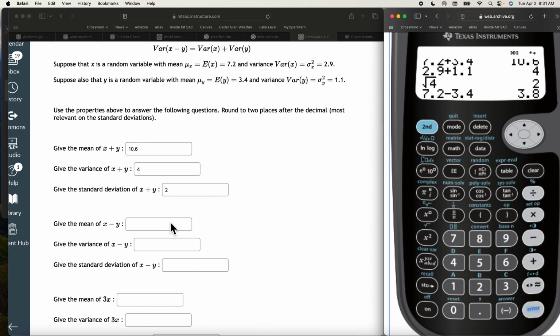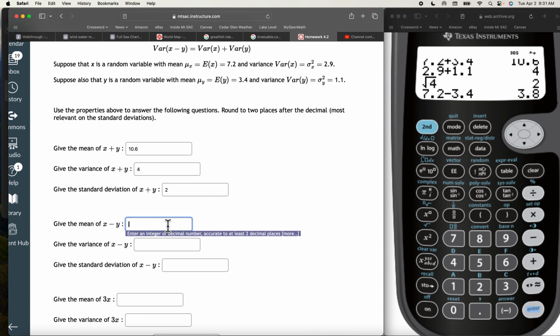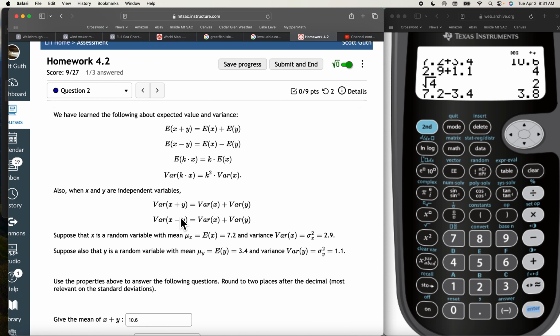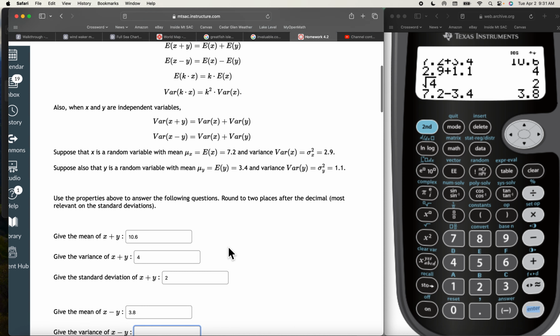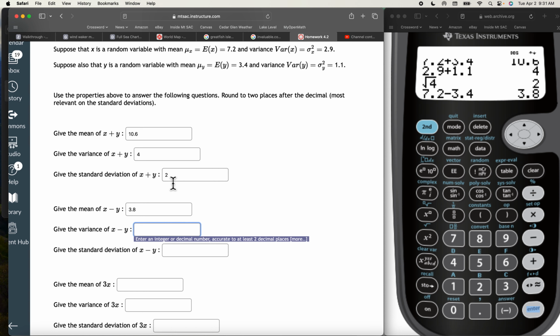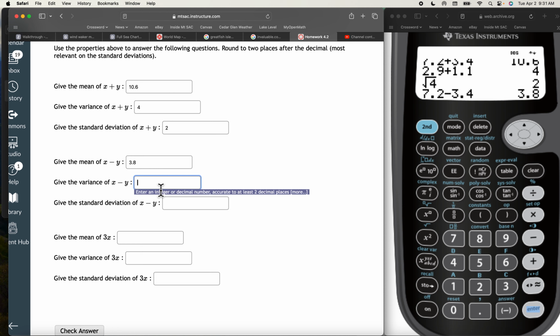That should be the mean of x minus y. Now, the variance of x minus y is the variance of x plus the variance of y, which is the same as for x plus y. So the variance for x plus y was 4, and that will be the same here. It'll be 4, and the standard deviation is the square root of the variance, so that'll be 2 again.